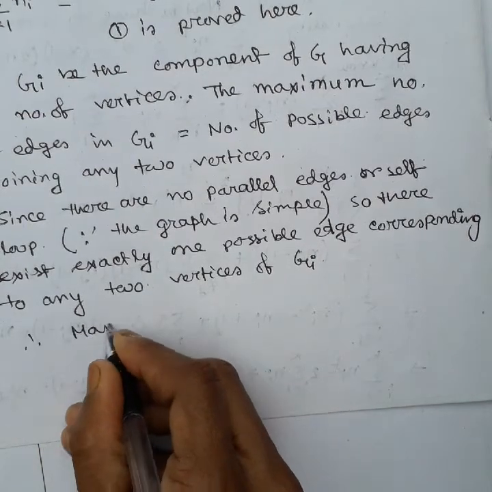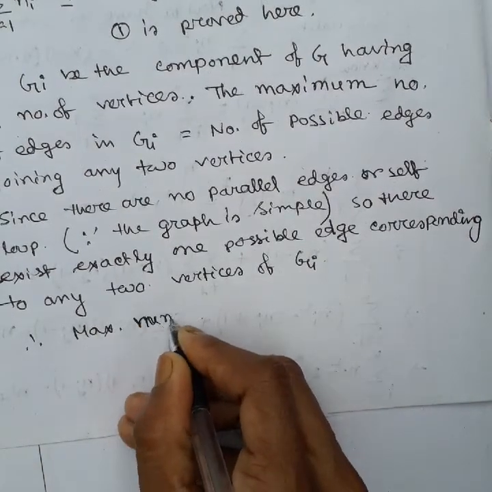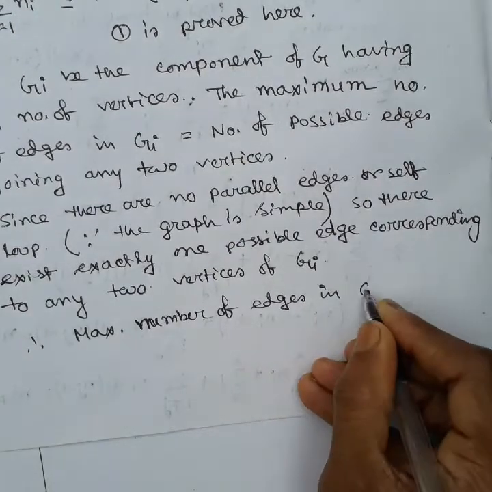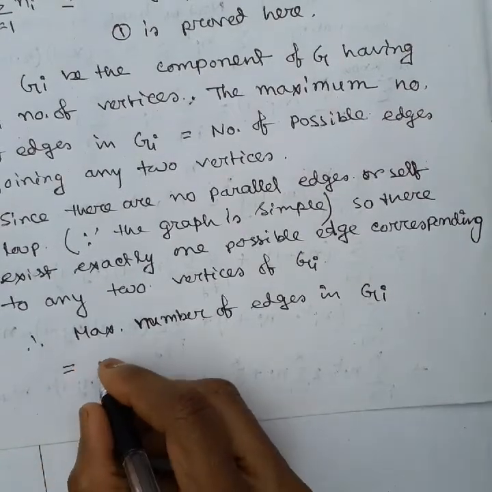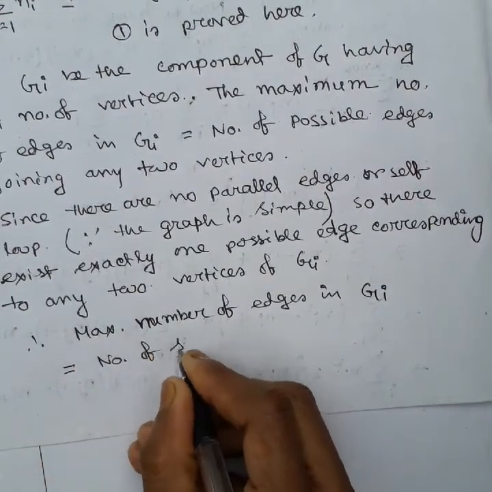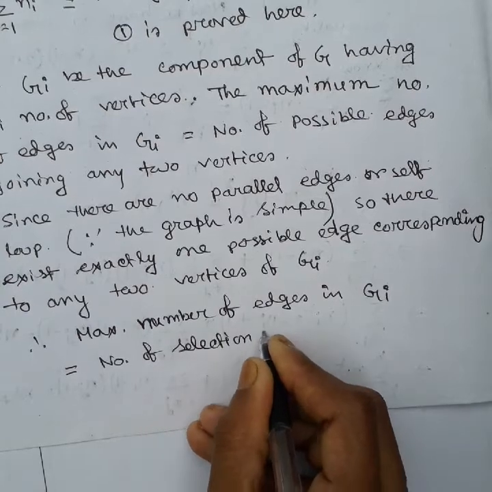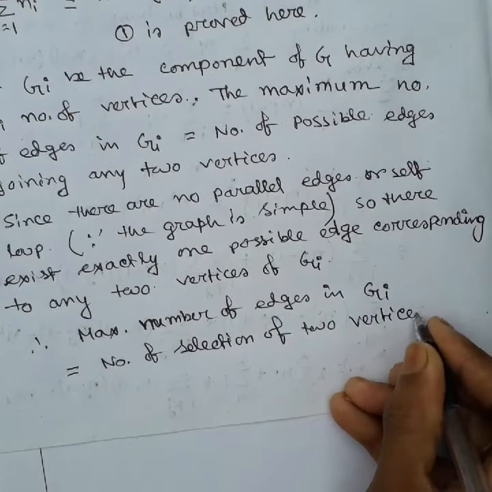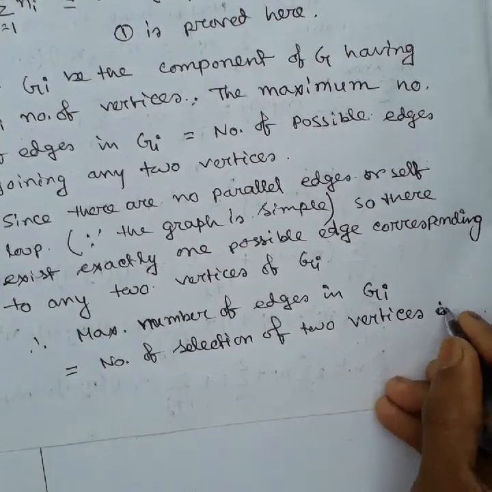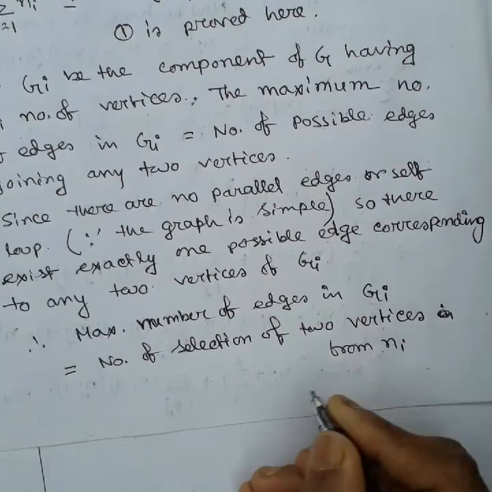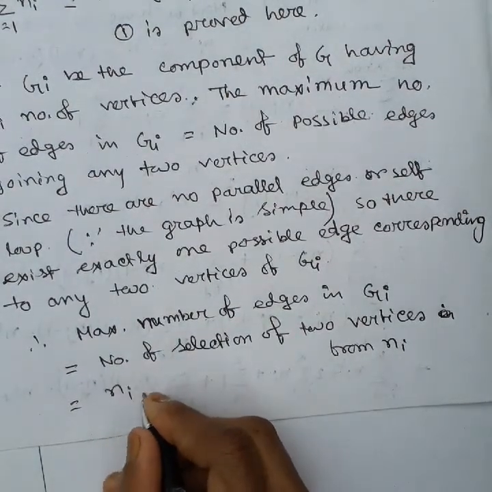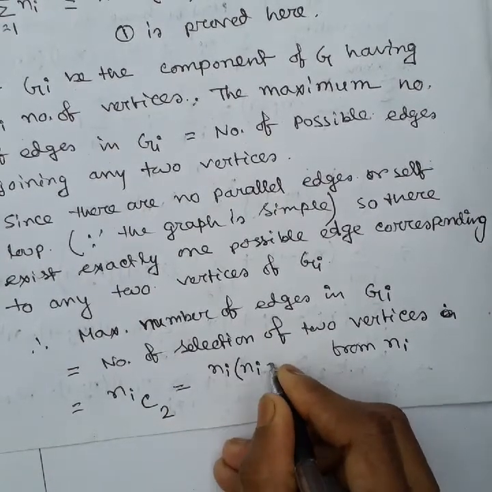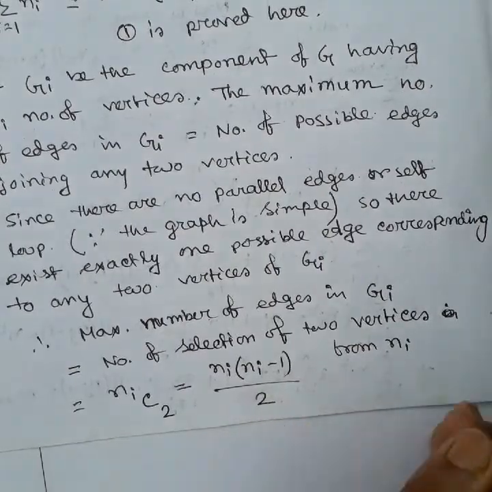So the maximum number of edges in Gi is equal to the number of selections of two vertices from ni, that is equal to ni C 2, which is equivalent to ni into ni minus 1 by 2.